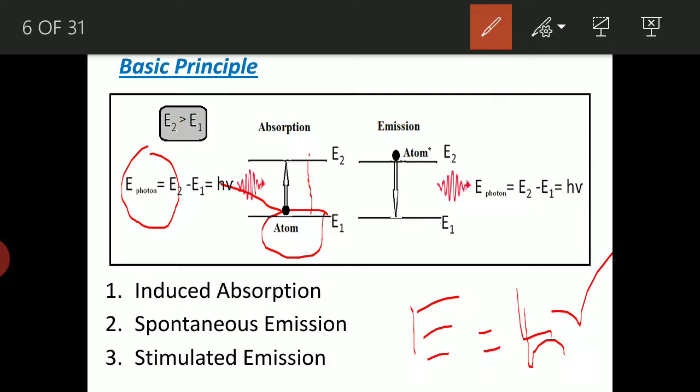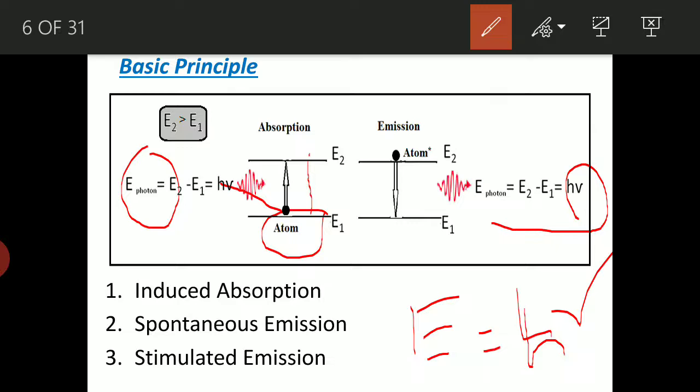Now in the second case, the atom is in the higher energy state, as it is shown here. Within a few seconds, it transits from the higher energy state to the lower energy state, that is from E2 to E1, by giving out a photon of appropriate energy h nu.